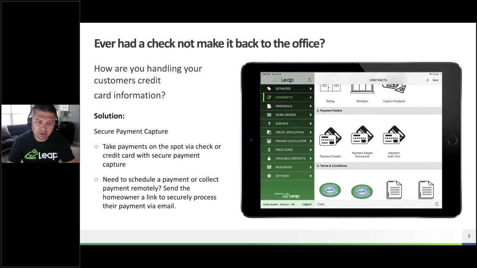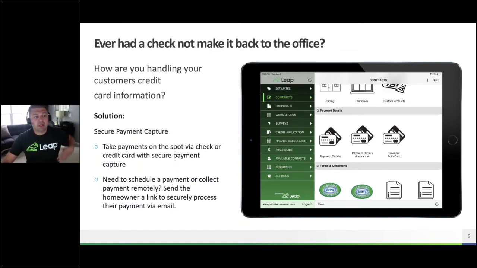We now have a way that you can send the customer a remote payment request, so that they can, on their own device, open it up and fill in their checking or bank account information, as well as their credit card information, then hit submit. You can set it up to either just capture that payment method for a later transaction, or go ahead and run an initial transaction the moment the customer completes it. And then we will hold on to that payment method so that you can run multiple transactions in the future if needed.